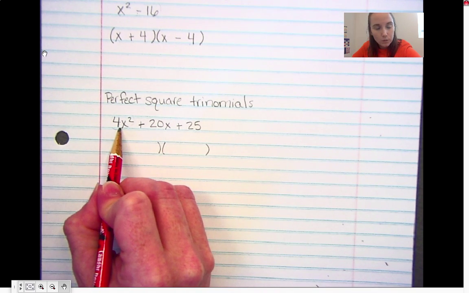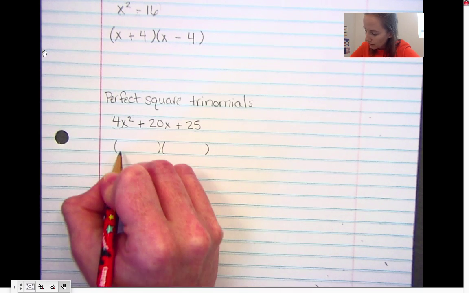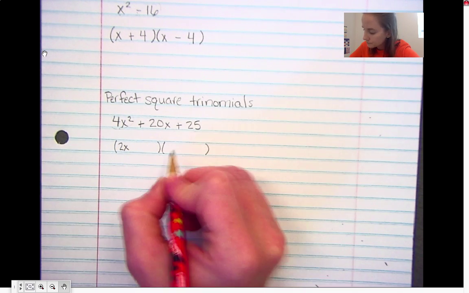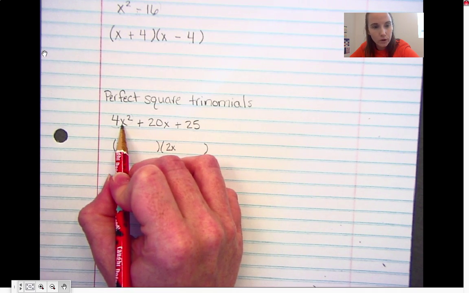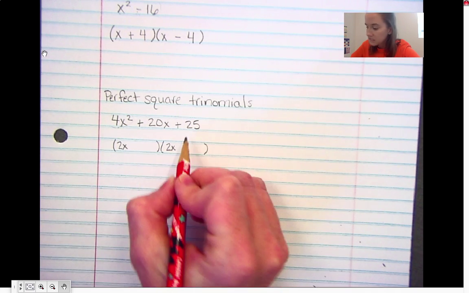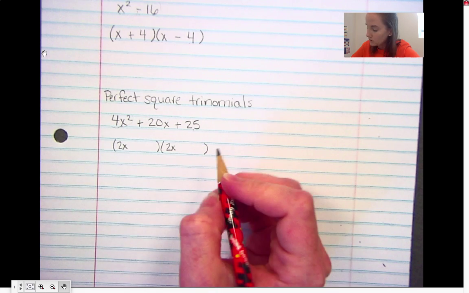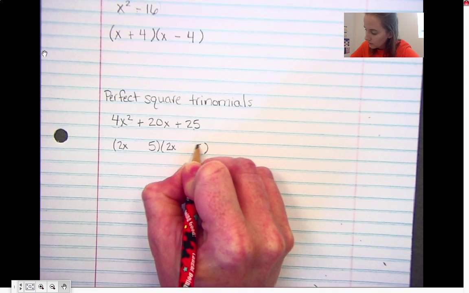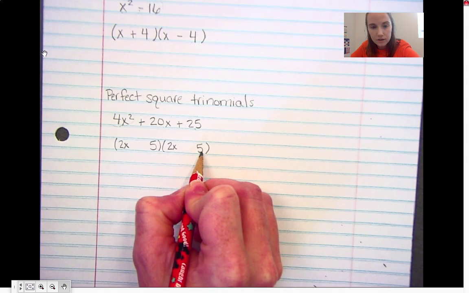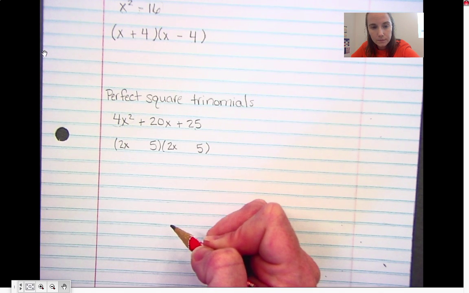So if we take the square root of 4x squared, we'll have 2x. 2x times 2x would give 4x squared. To get 25, we need to square root 25, and we'll say 5, because 5 times 5 gives us 25.